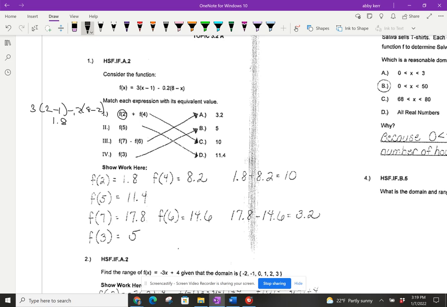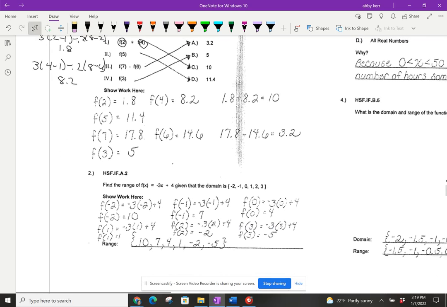Then you do the same thing for f of 4, which means an input of 4. So 3 times (4 minus 1) minus 0.2 times (8 minus 4). You add the 2 answers together, 1.8 plus 8.2, and that's why it's connected to 10. And you repeat the process for part 2, part 3, and part 4.